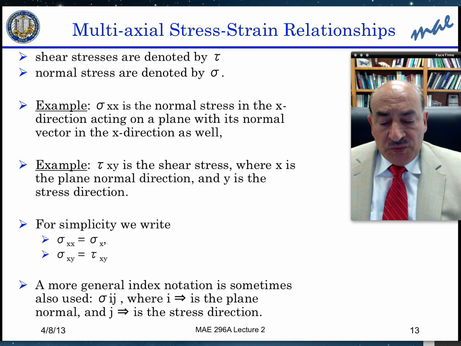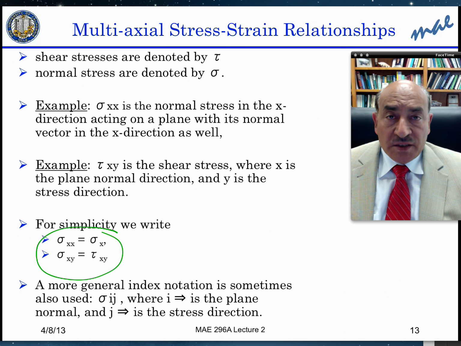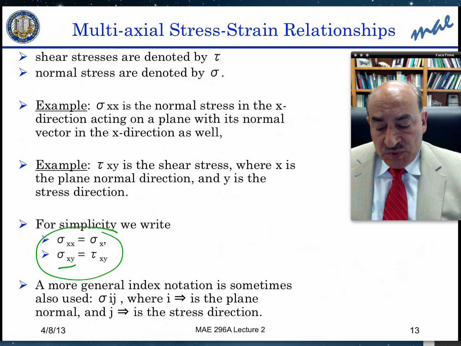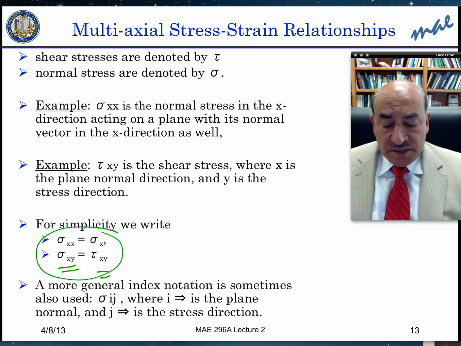For simplicity, instead of using sigma xx, a lot of times we take one subscript as a summary of the two, and to indicate shear, instead of using sigma xy, sometimes we use tau xy. Another notation is the index notation.